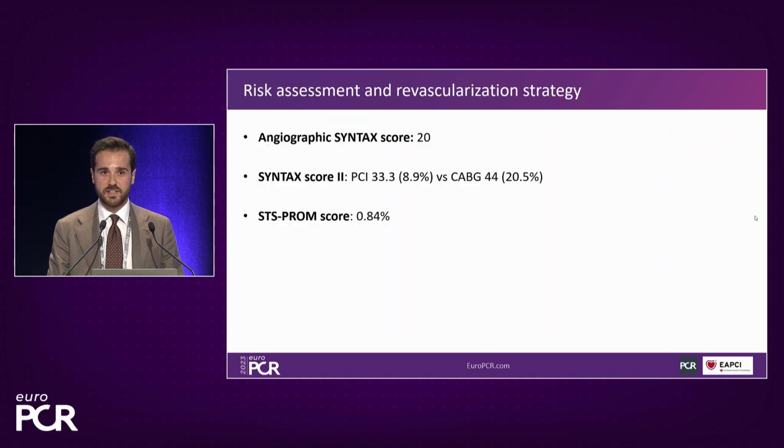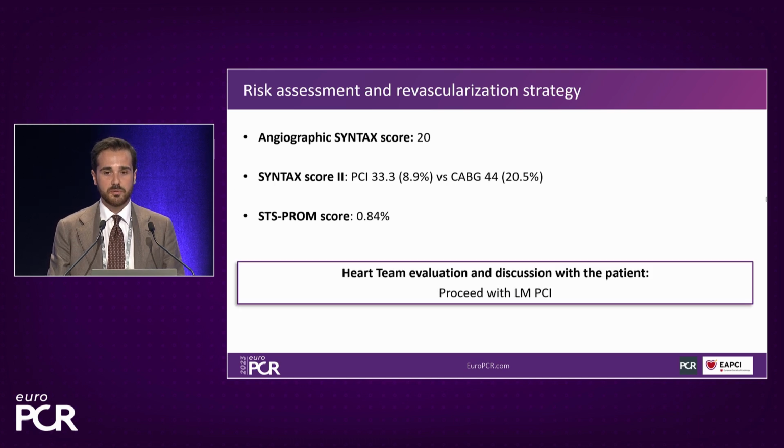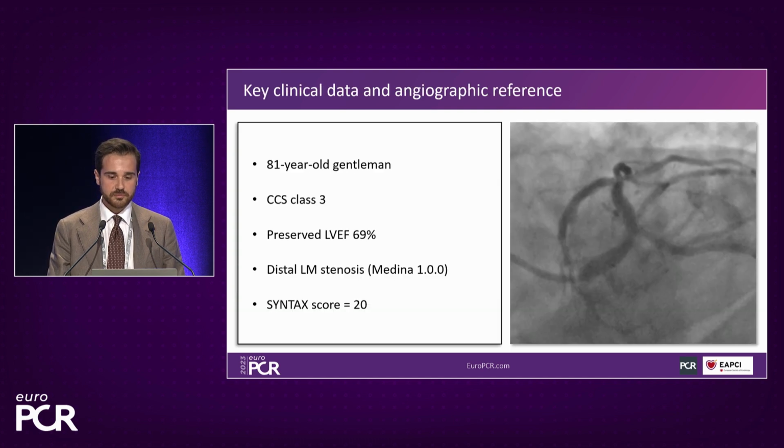So based on these angiographic findings, we are dealing with a patient who has a syntax score of 20, which shows equipoise between PCI and CABG, and who has a low surgical mortality risk. Therefore, based on these considerations, after heart team evaluation and discussion with the patient, we decided to offer him PCI of the left main.